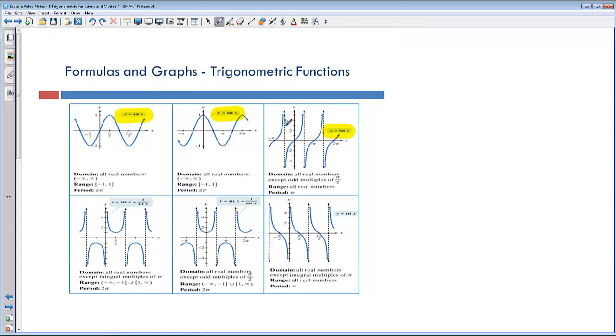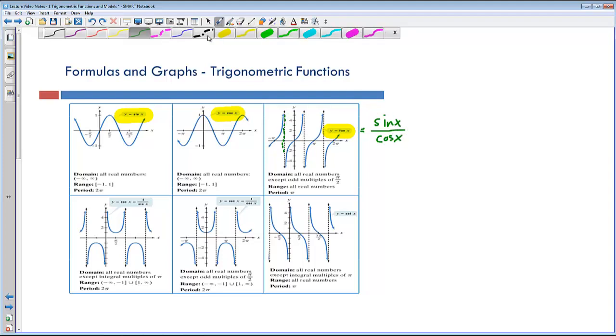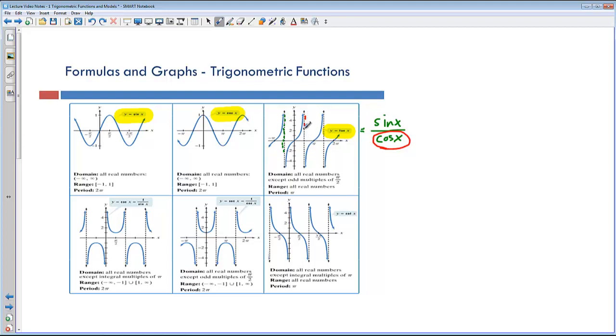You may ask why. Remember, tan of x can be rewritten as sine of x over cosine of x. So it has vertical asymptotes when the denominator, cosine of x, is equal to 0. At pi over 2 you have a vertical asymptote because cosine of x is 0 there, and so on.